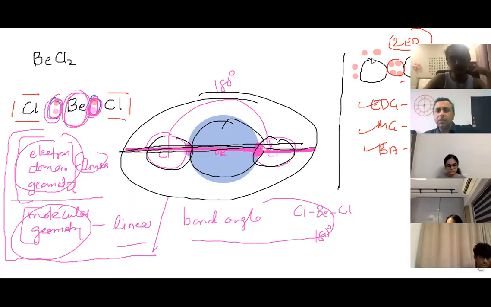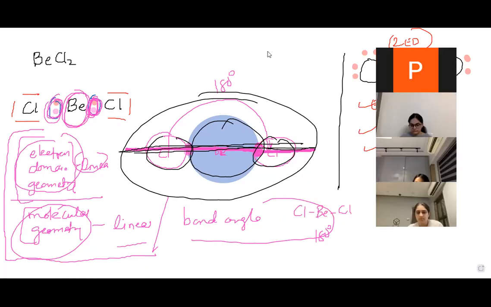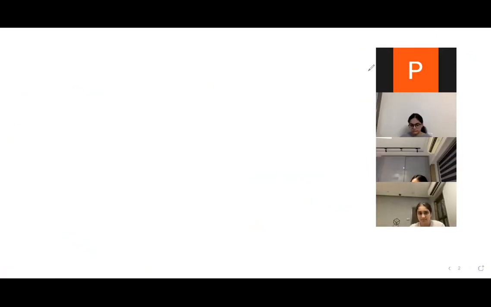Okay, the next case we will take is of 3 electron domains, which is BF3. First of all, the BF3 Lewis structure.